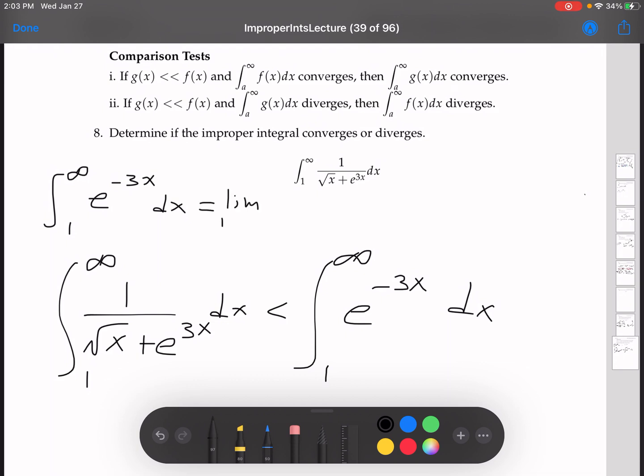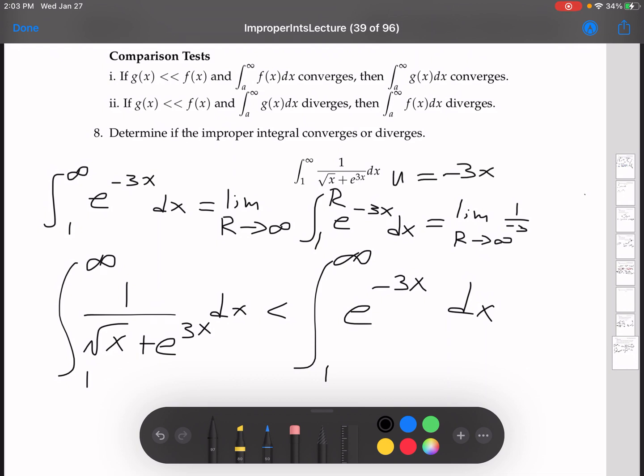This is the limit as r approaches infinity of the integral from 1 to r of e to the negative 3x dx. We have 1 over negative 3, if you use a u substitution, u equals negative 3x. We'll evaluate from 1 to r.